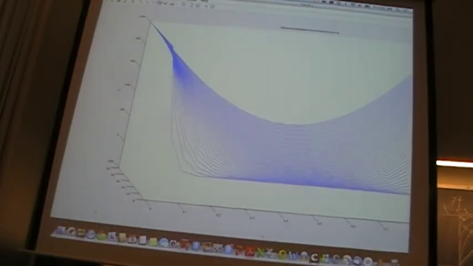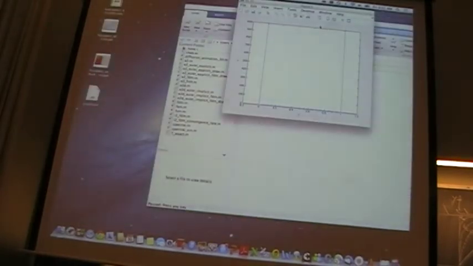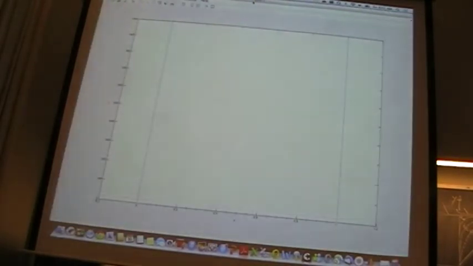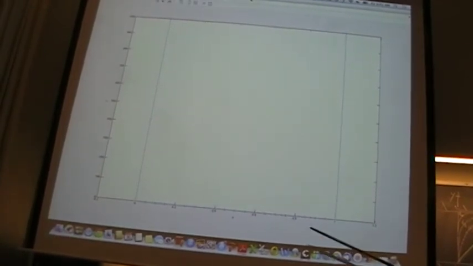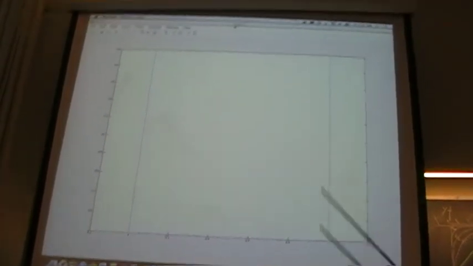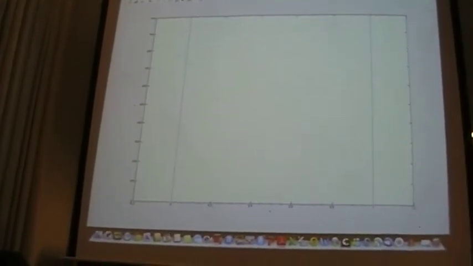Another way to do it is to look at just the xu plane. That is, we have here x and u is our temperature. And now we see what is happening at each grid point.